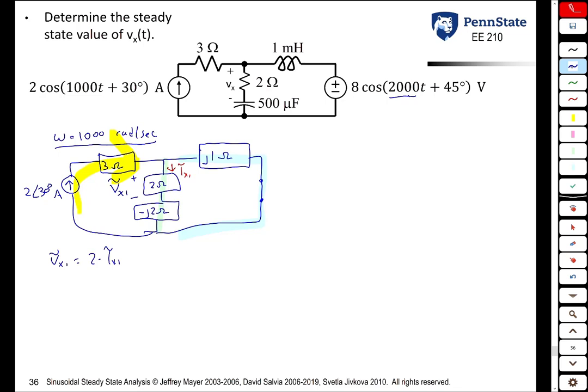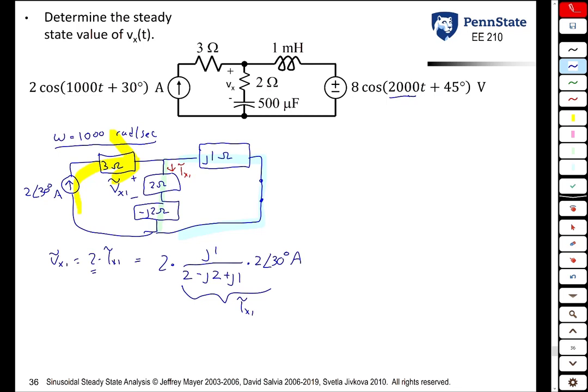It is equal to the opposite impedance, which is j1, over the sum of the two impedances, 2 minus j2 plus j1, times the total current, which is 2 at an angle of 30 degrees amps. So that is the current Ix1. And then we have to multiply it by this 2 to get the voltage.